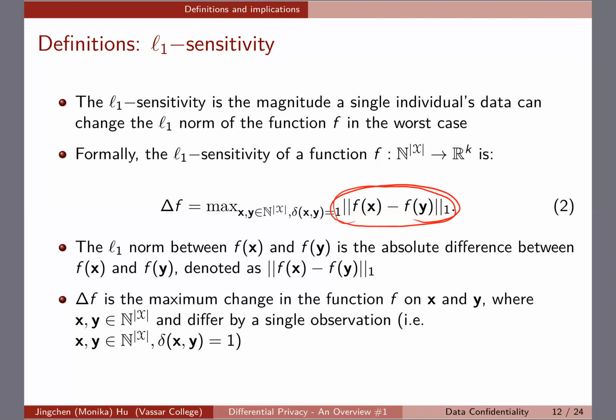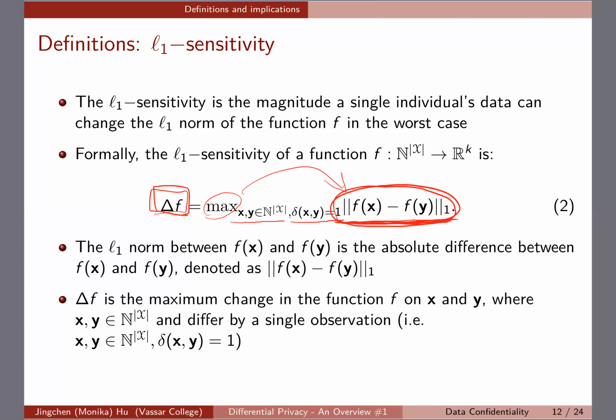With that in mind, you will see that the L1 sensitivity, delta f, the L1 sensitivity of function f, is looking at the L1 norm of f(x) and f(y), the maximum of that, given that x and y are in the same dimension and only differ by one record.